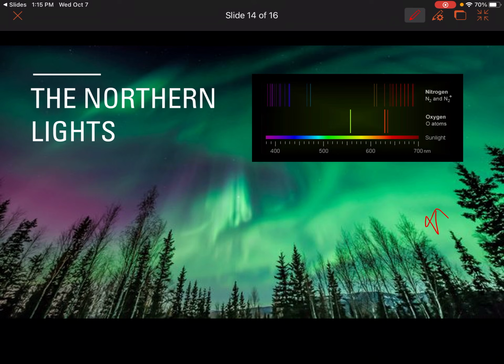As the energy is released, the electrons fall back to their ground state, which we'll talk more about later, and these colors are emitted. Often you see greens, reds, yellows, and those are all due to these elements. When the oxygen atoms are banging around, we get mostly the reds and the greens. With nitrogen, we get more of the pinks and purples, those colors.